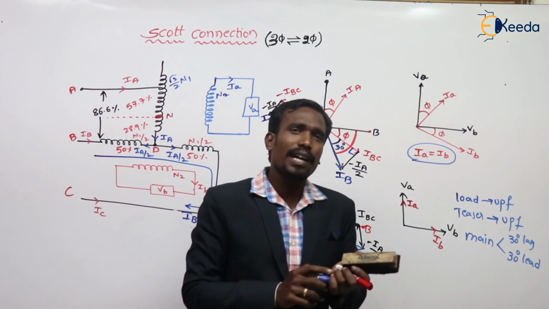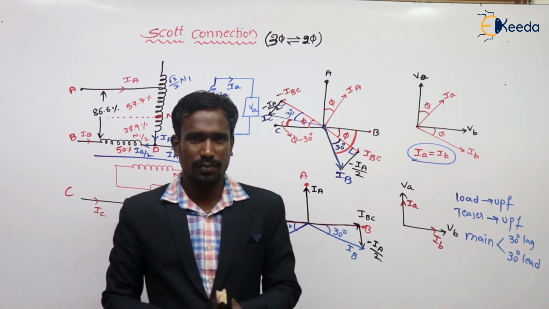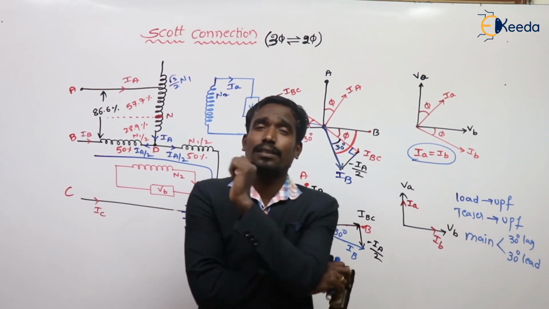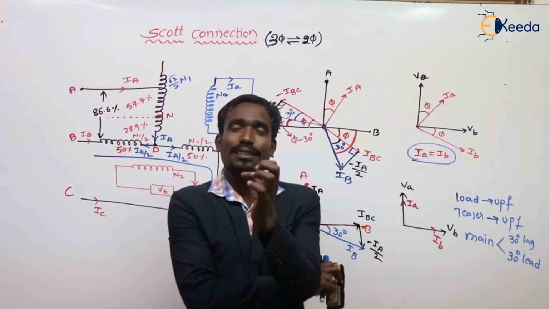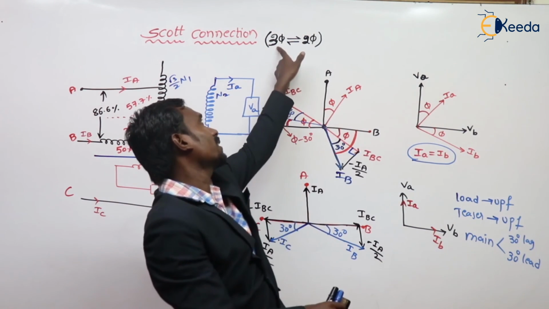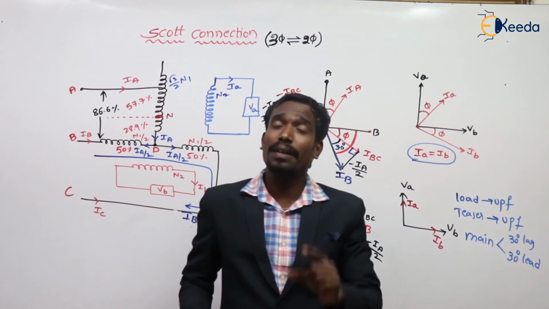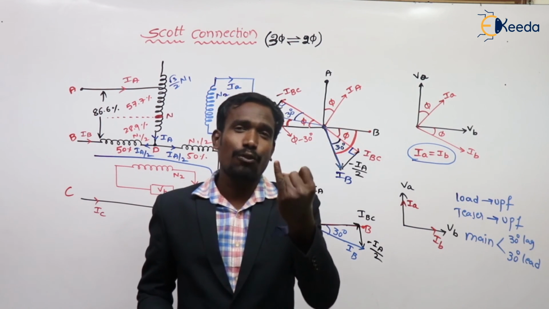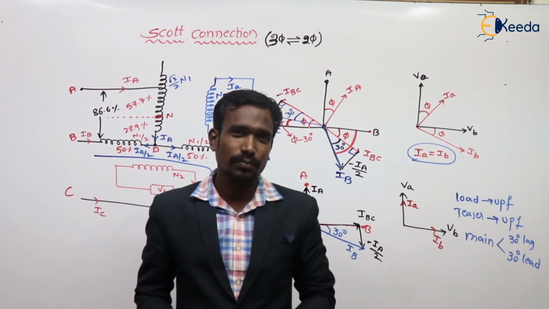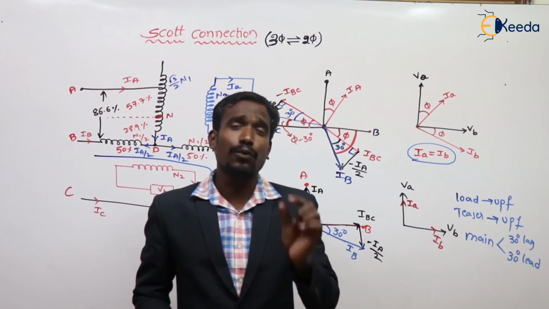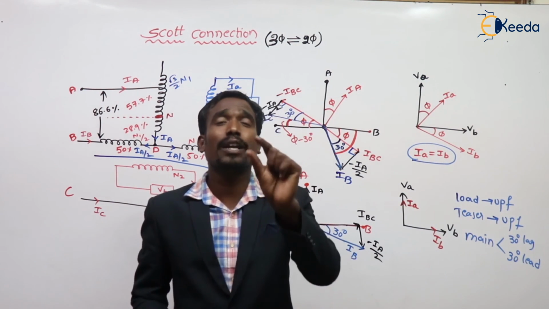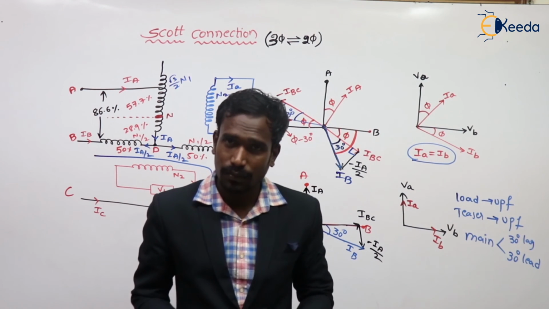Sir, where are we using Scott connection? Generally, the Scott connection is nothing but conversion of 3-phase to 2-phase. In most cases the supply source is 3-phase only. But in some industrial applications, like welding furnaces, arc welding, and some special cases, we require 2-phase supply.